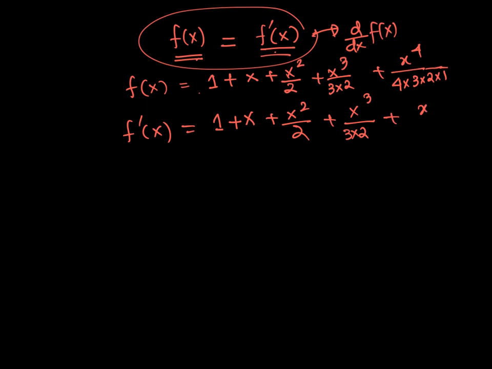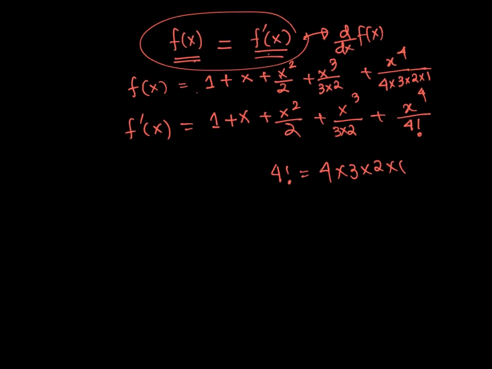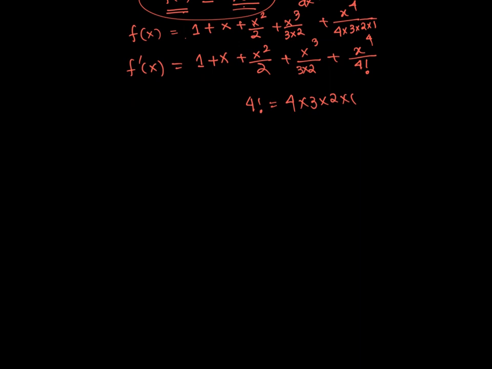I could simply say that it is x to the power 4 divided by 4 factorial, and 4 factorial means 4 into 3 into 2 into 1. So this whole thing that I was just explaining as a series, you could simplify this, and reach at a valid conclusion.